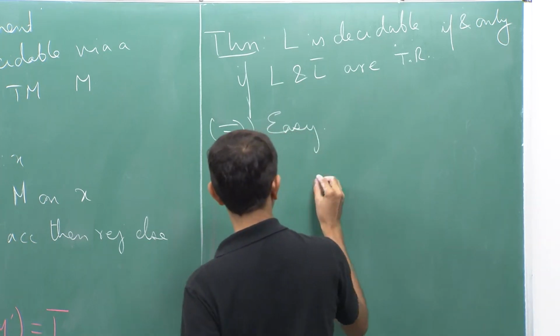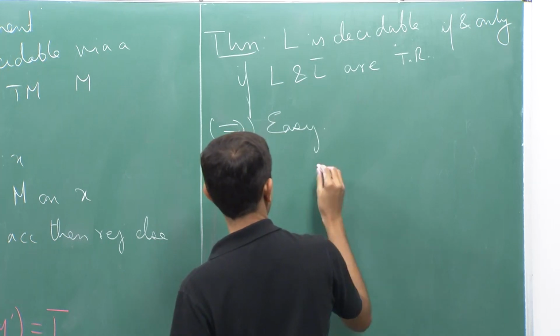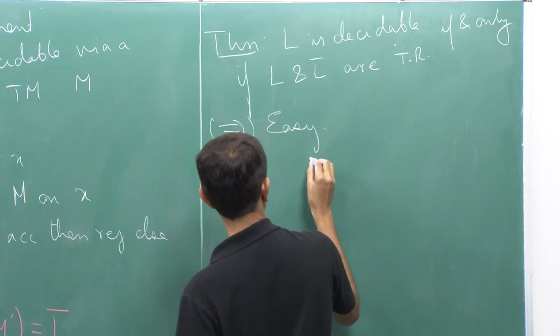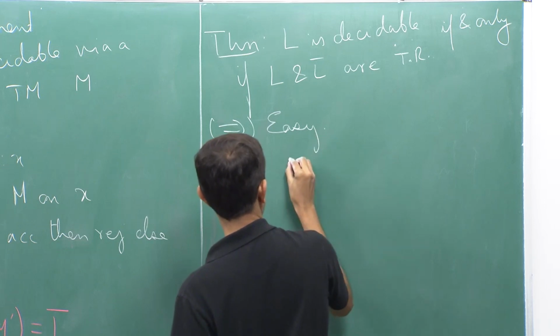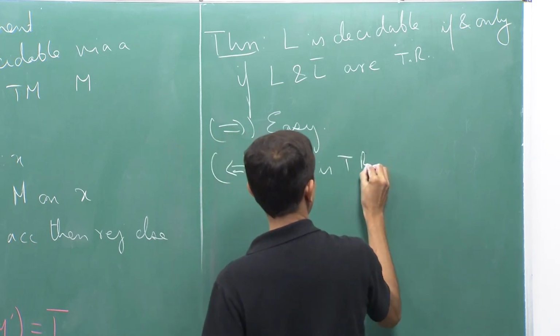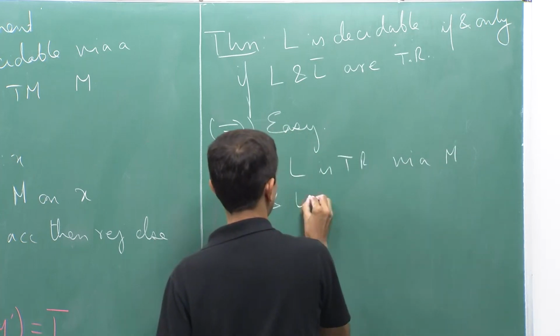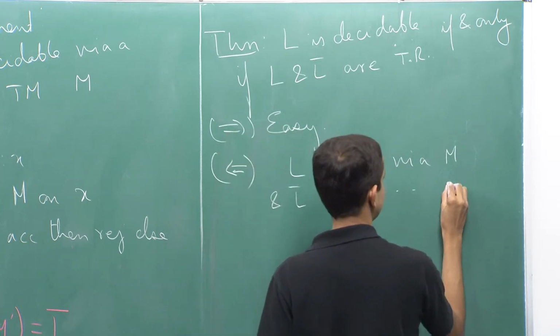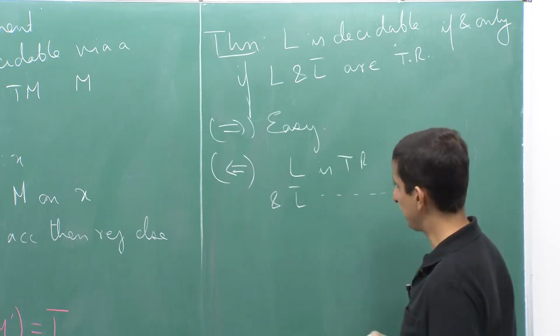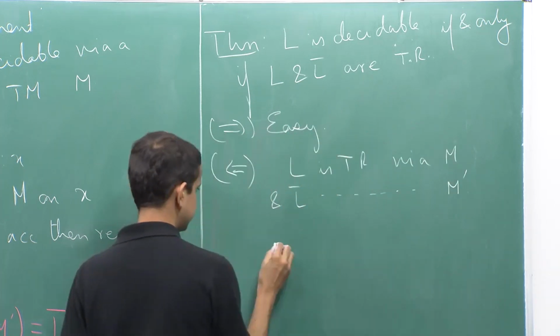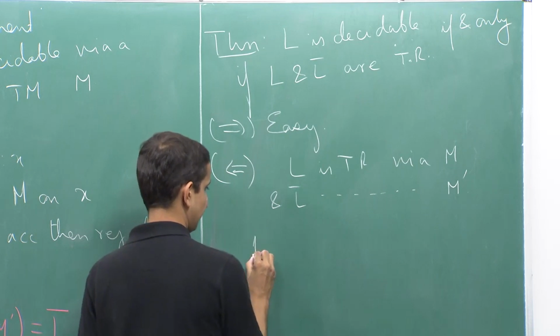Okay. So, what we do is that let us say that L is Turing recognizable via M and L complement is Turing recognizable via M prime. Okay. We construct a machine which does the following.